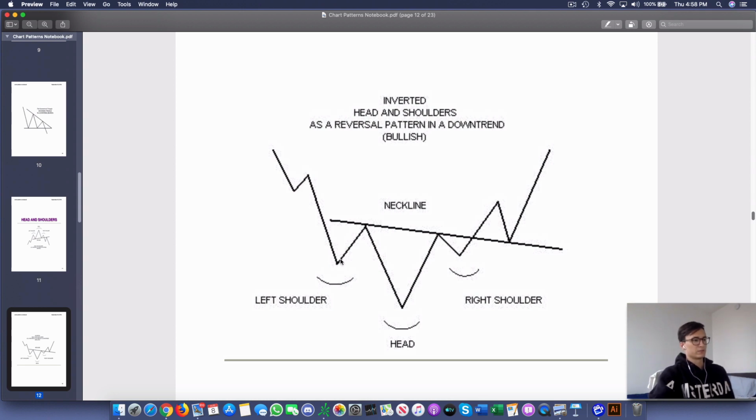So we see a left shoulder form here, and a head, and the right shoulder, same thing. The neckline doesn't need to be completely horizontal. It could have an angle to it, and then it breaks above that neckline or a previous resistance, and then comes back down to test that previous resistance, which becomes support, and then continues to form a new uptrend.